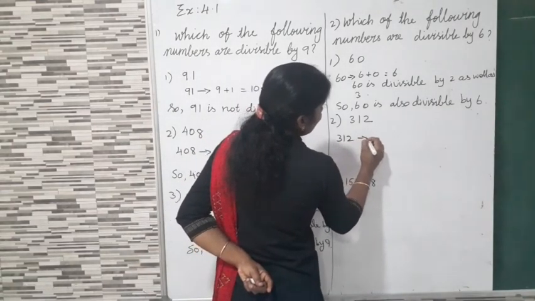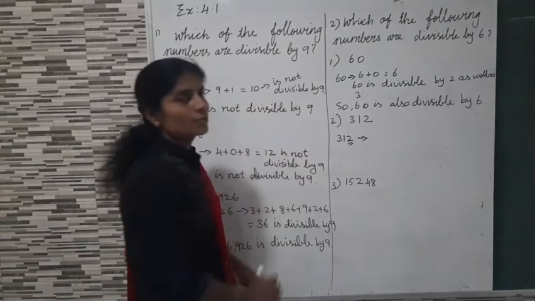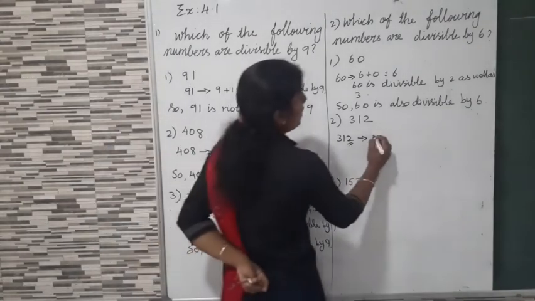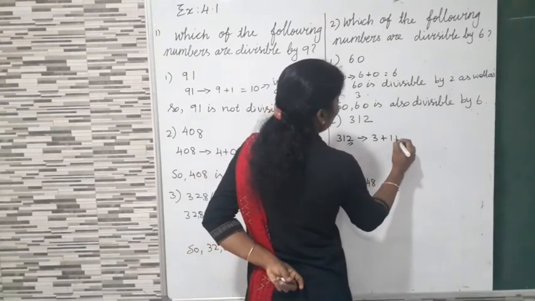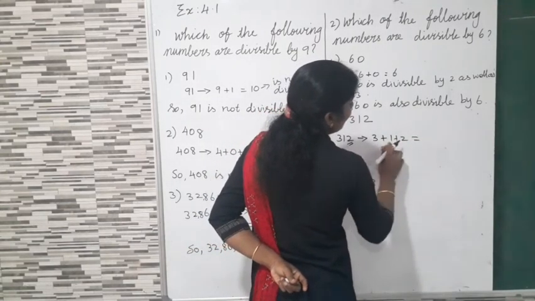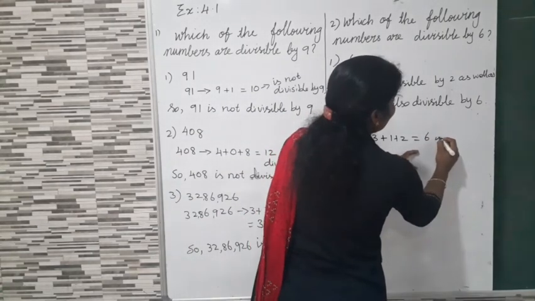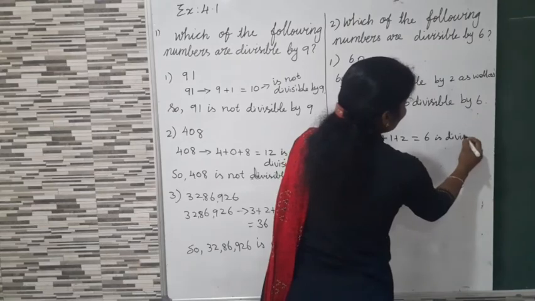Now 312. Here the one's digit is 2, so this is divisible by 2. Now we can check divisible by 3: 3 plus 1 plus 2 equals 4 plus 2, 6. Yes, 6 is divisible by 3 also, isn't it?